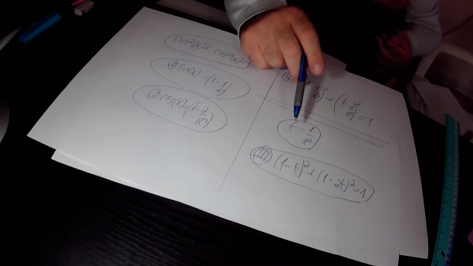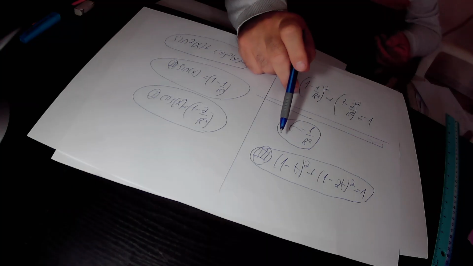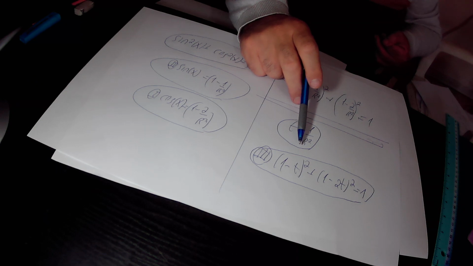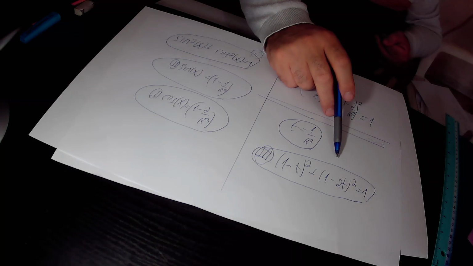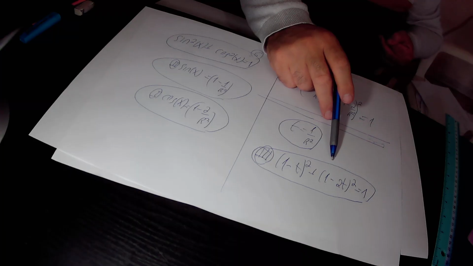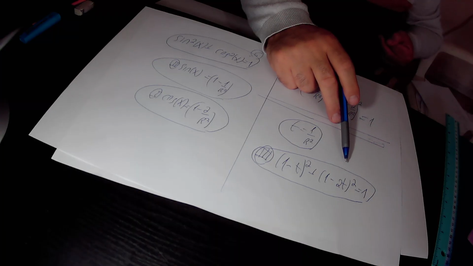Here we open the brackets on this side of equation 3. We find that (1 − t)² equals 1² plus t² minus 2t, and (1 − 2t)² equals 1² that is 1, plus (2t)² that is 4t², minus 2 times 2t, that is minus 4t.